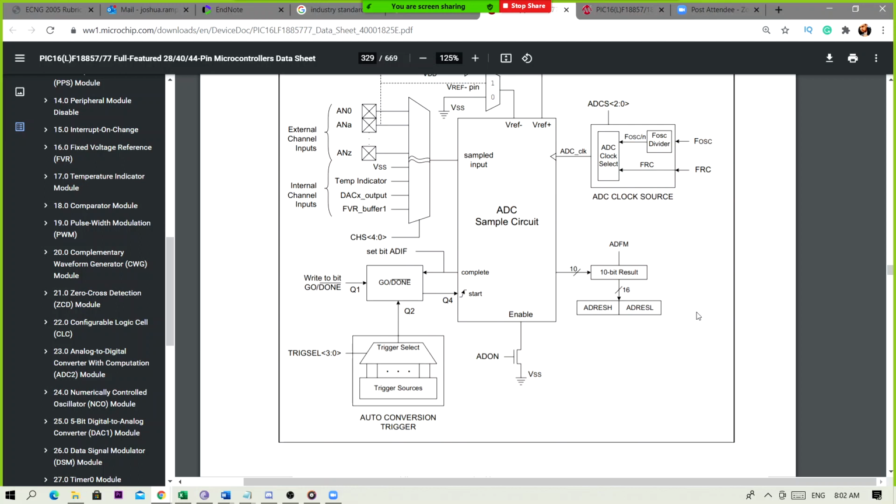At the bottom of the block, you'll see that whether or not the ADC is operating is determined by a bit labeled ADON that will start the entire ADC circuit operating. If the ADON bit is not on, then we will disable the ADC. So for example, imagine you had an application that doesn't use the ADC at all. You could just disable it because you're not planning to use it. Does that make sense?